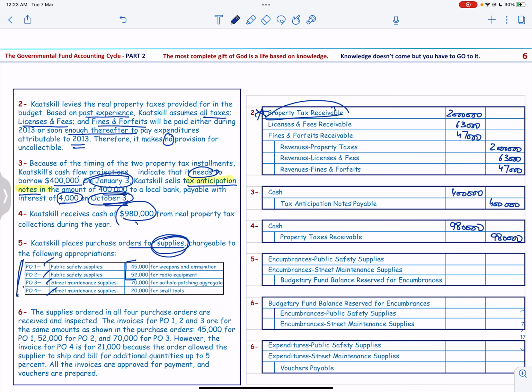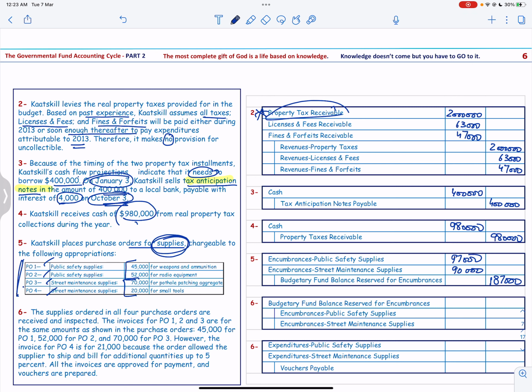So this is debit by 97,000, and street maintenance supplies is debit by 90,000, and the budgetary fund balance reserved for encumbrance will be credit by 97 plus 90, which will be 187,000.